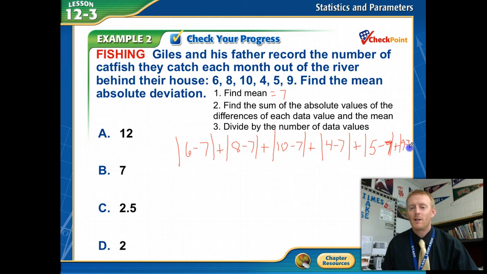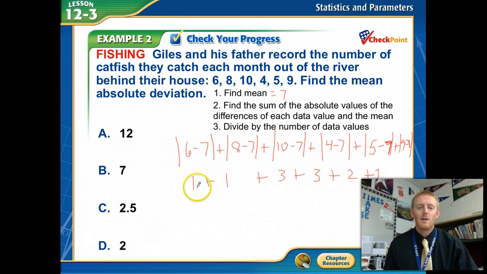Sorry, I'm crunching it in there. So we have 1 plus 1 plus 3 plus 3 plus 2 plus 2.